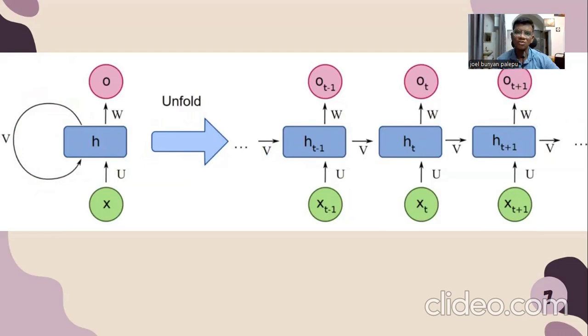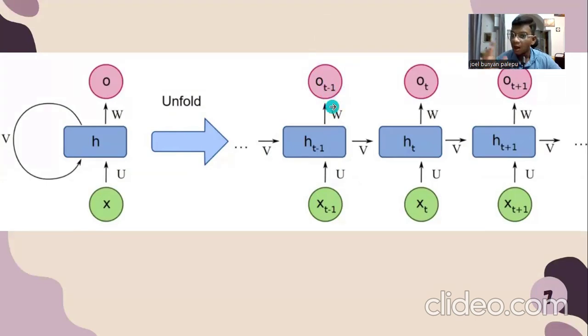First of all, you put in an x value, and it is your wish whether you want to predict an output. It depends on the problem. In a many to many problem, the input is a sequence and the output is also a sequence, for example in translation. Then you might have to predict an output at each time step.